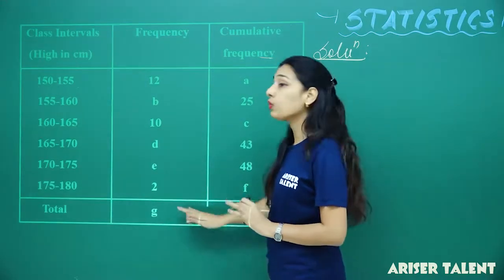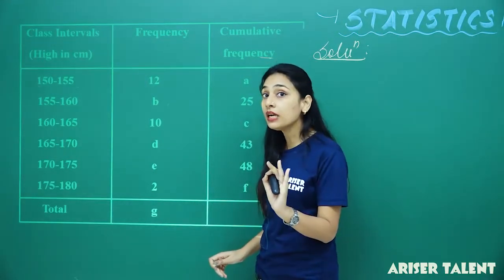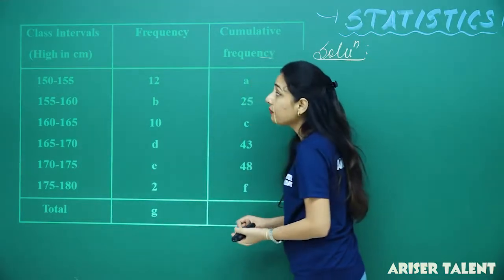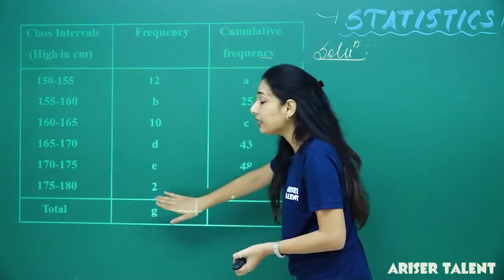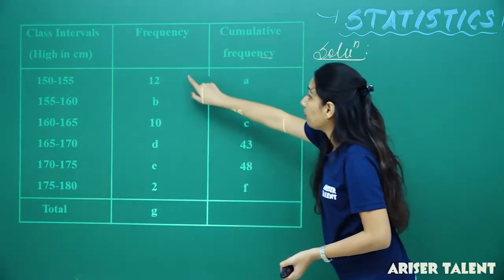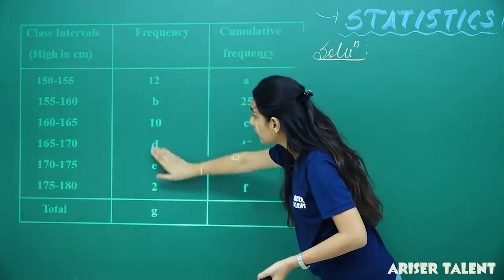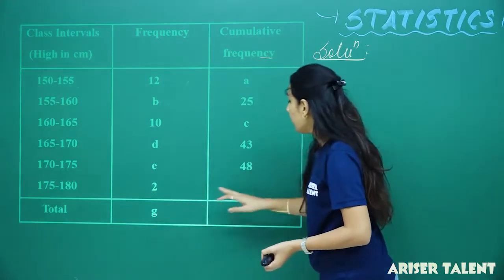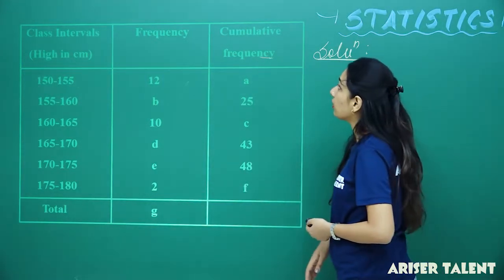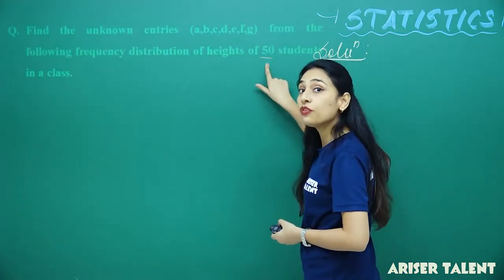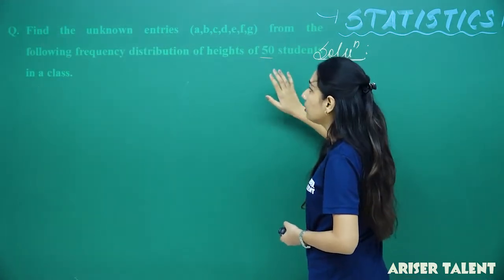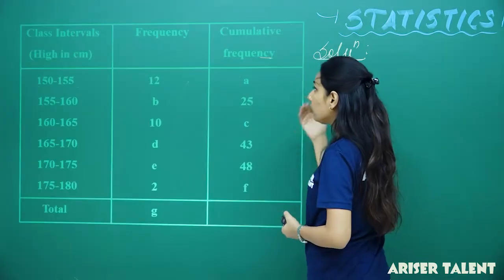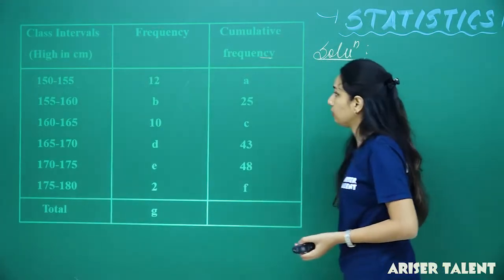So simply G equals 50, and if you remember, the cumulative frequency here will be equal to this. Why? Because the summation of all these will ultimately be the summation of everything, and the summation till here will be the value here. So simply G and F will be equal to this 50. Okay, so this is something you can understand by just looking at it, but we will do the procedure and find out the values.